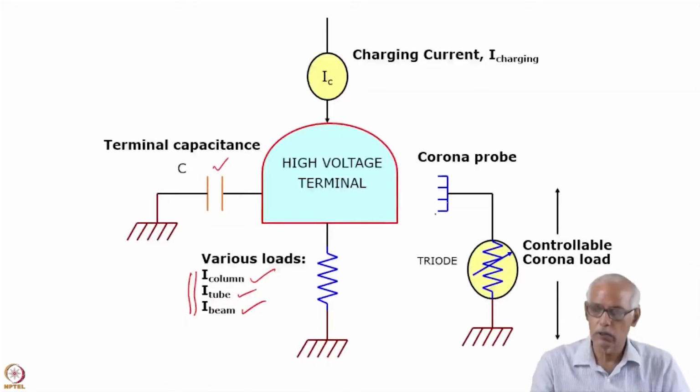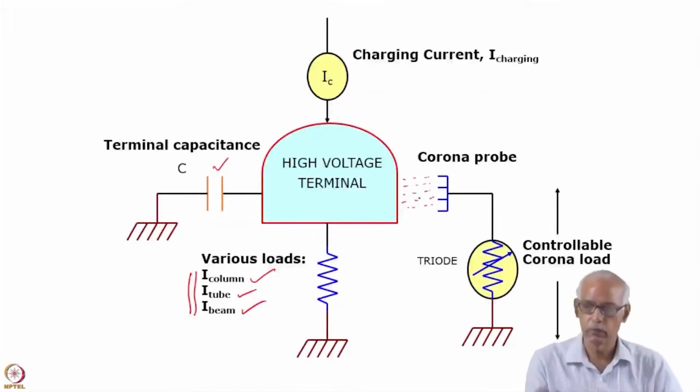And then for the corona stabilization system, this is a corona stabilization system here, and it's basically a triode, which I will explain later. But here what is happening is between the high voltage and this, there is a corona sort of thing, and a constant amount of current is flowing here because of corona formation.